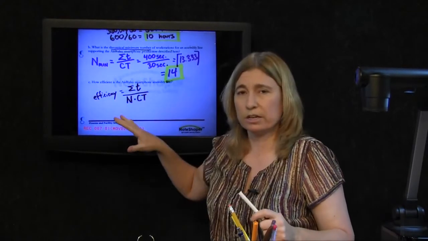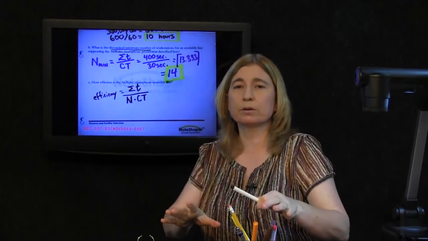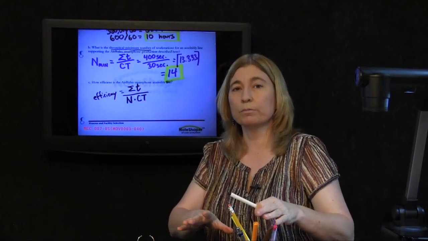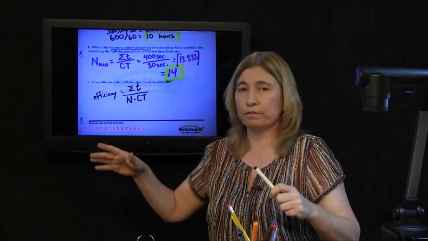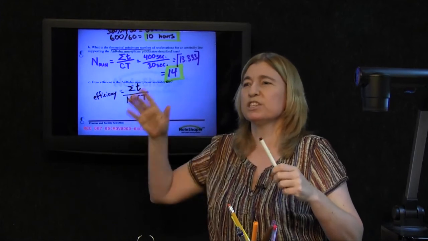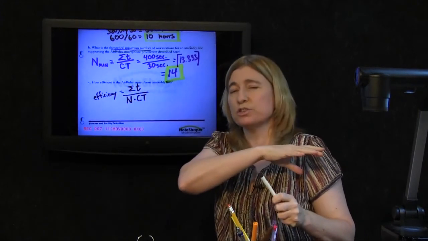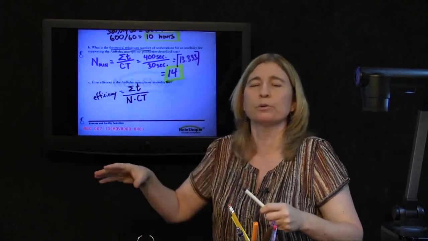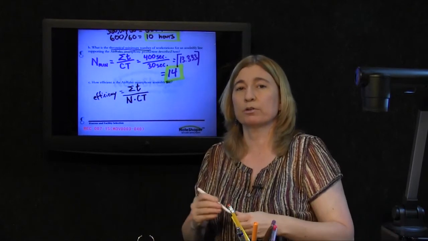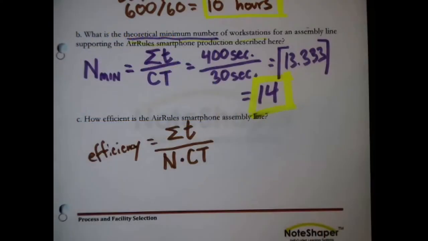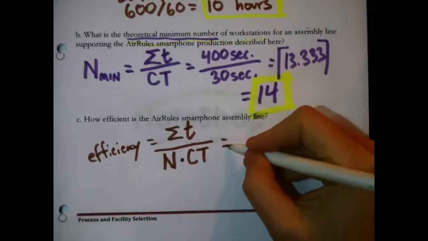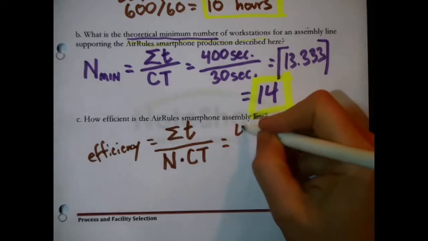Because the sum of the task times is how long, if you didn't have an assembly line, it would take you to create the phone. The assembly line is creating a phone every 30 seconds, but it's using N workstations to do it, so it's sort of like the total amount of labor each time it creates one phone. What proportion is the first of the second?